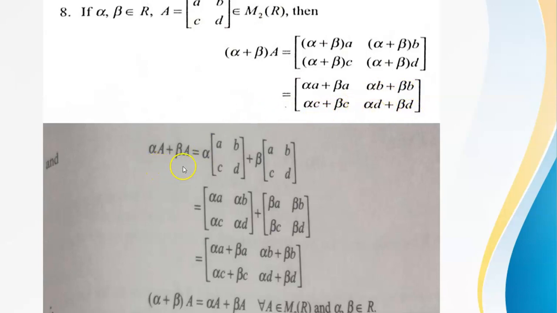Now, alpha A plus beta A equal to alpha into the matrix A plus beta into the matrix A. Then we are getting [alpha a plus beta a, alpha b plus beta b; alpha c plus beta c, alpha d plus beta d]. Then from the above two, we conclude that (alpha plus beta) A equal to alpha A plus beta A, for every A belongs to M2(R) and alpha, beta belongs to R.